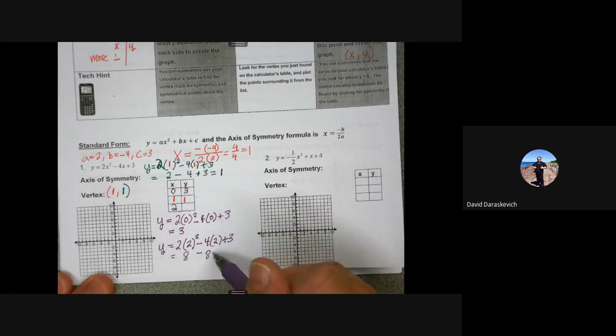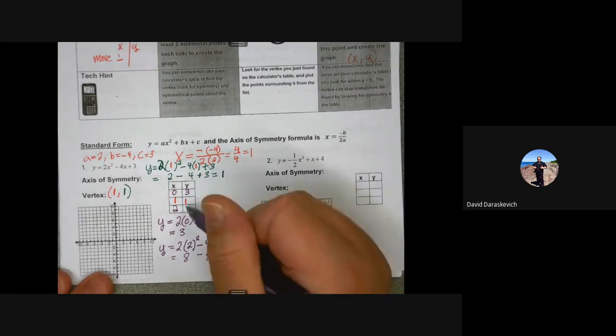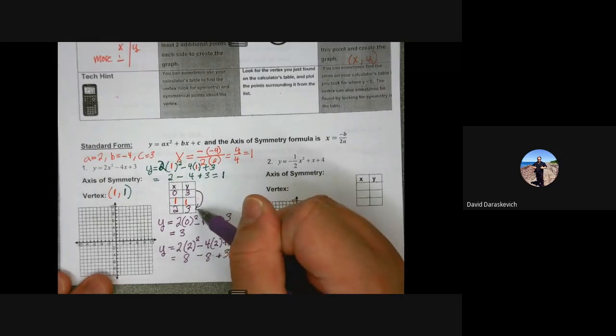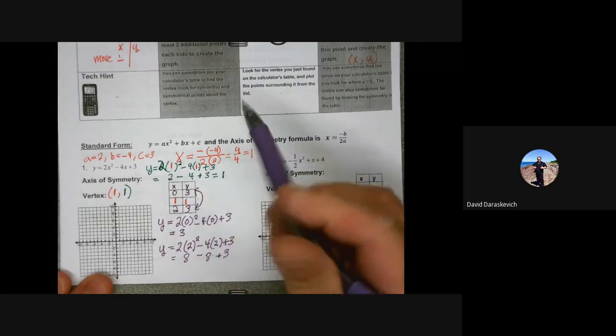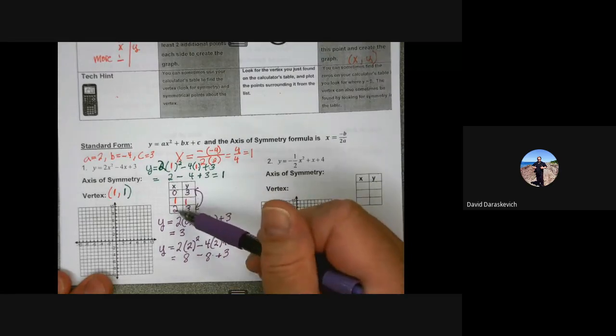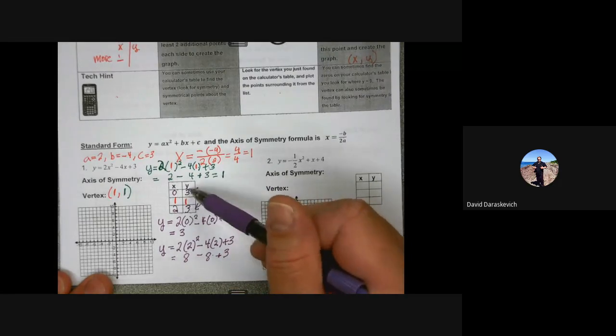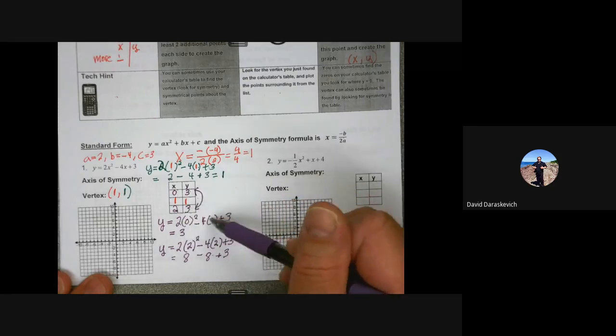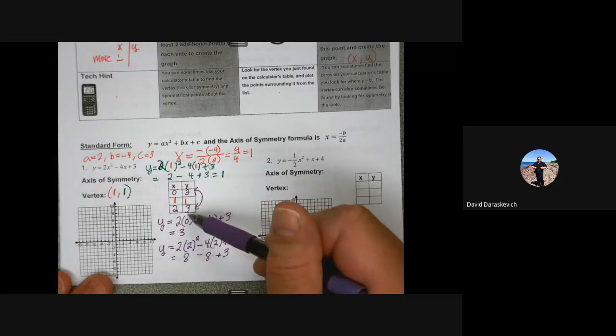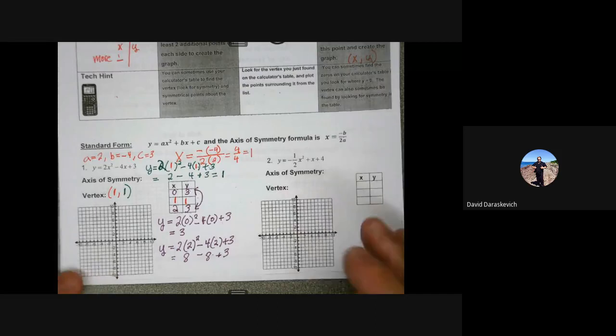So 8 minus 8, well, that's 0, plus 3. Lo and behold, these two should be exactly the same because it's one less and one more. All right, if you really trust yourself on one of these, then obviously you don't have to do the other.